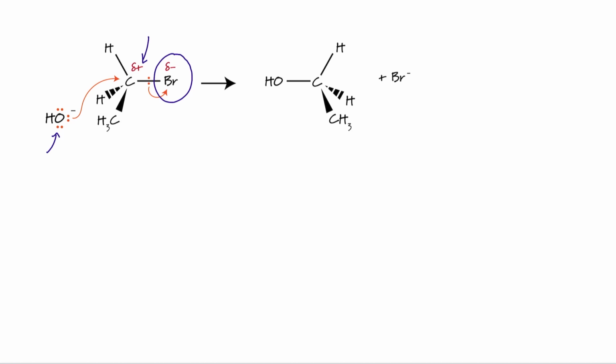But generally speaking, we can say that for any chemical reaction, the rate of the collisions is going to be proportional to the concentration of our reactants, in this case hydroxide ions and the bromomethane. And square brackets, as always, denotes concentration.